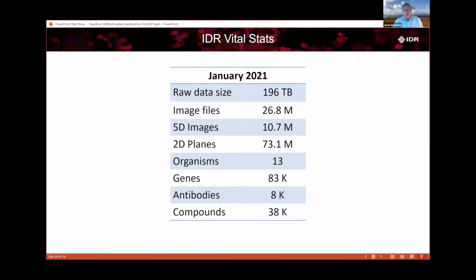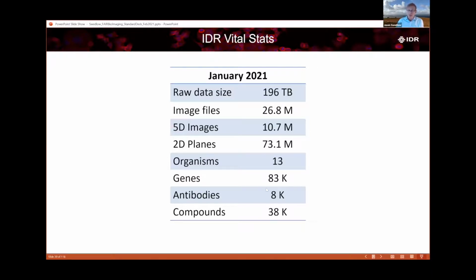What we call five-dimensional images: all of the structures that we work with assume that a single image has 5 dimensions, so 3 spatial dimensions, time, and frequency or channel. There are over 10 million such images. If you look at 2D planes, that's now over 75 million 2D planes.